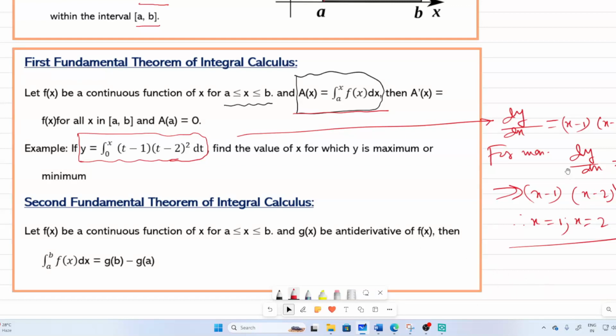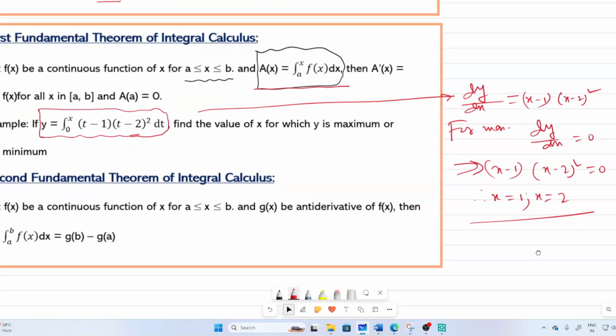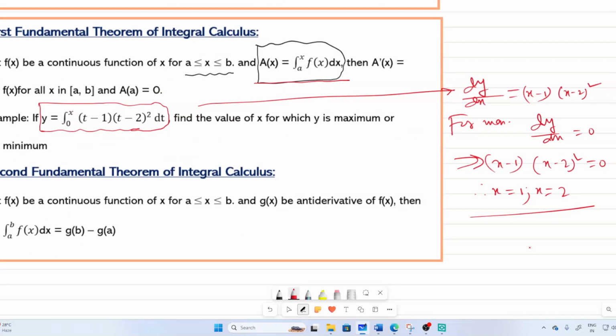You have to find the second order derivative, or you have to go by sign change. I just remind you in this context, once you get these two values of x, those are critical values, then you go by the sign of this function, which is dy by dx, which is (x minus 1) into (x minus 2) whole square.